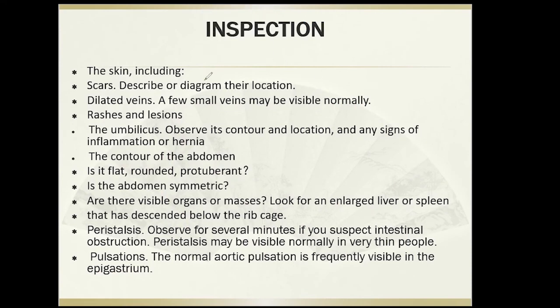So for inspection, we go to more detail here. What are we looking for in inspection? Skin. Skin may have some scar tissue, like people who have been injured before, or maybe they have had surgery before. They possibly have scar tissue there. So basically, we try to mention where it's located.